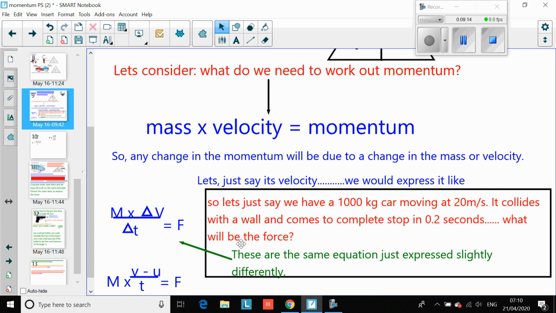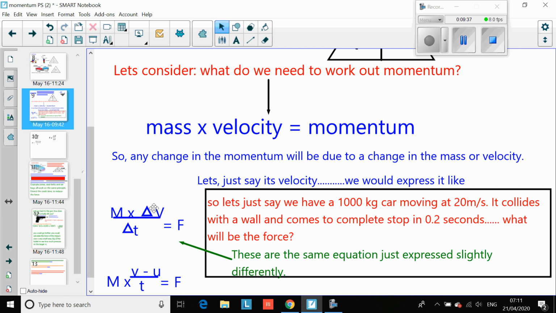Right, well, we could express it like this. Mass, 1,000, times the change in velocity. The car was going at 20. It's now come to a complete stop. So 20 minus 0 is 20. So it would be 1,000 times 20, which gives us obviously 20,000.